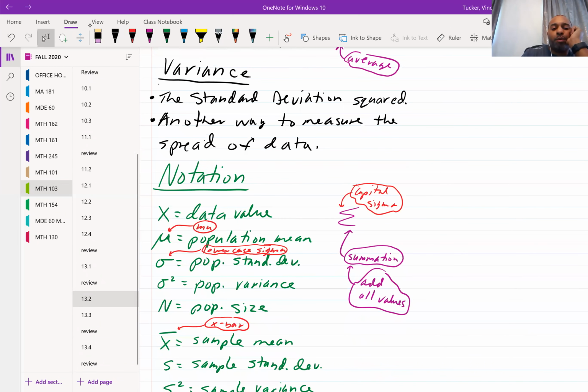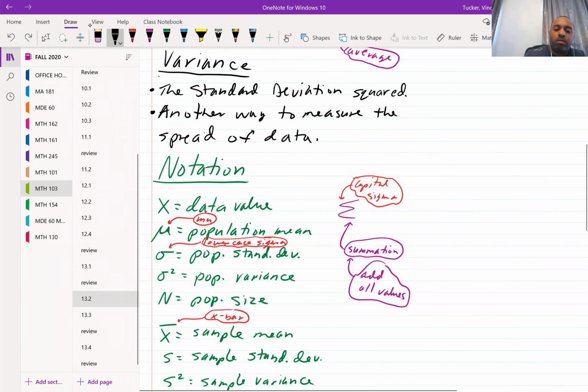All right, so your sample mean is represented by X bar. Any variable with the bar over it is that variable bar, so if you have Y bar, that's how you would say it.